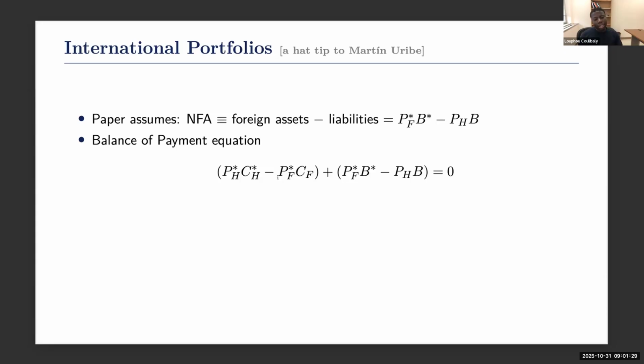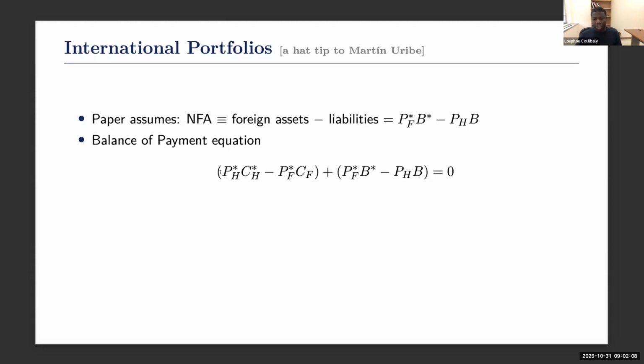But the idea is that if you look at the way the asset market is structured in the paper, the NFA is given by this expression, which is the difference between net foreign assets, which is B star, and the domestic liabilities, which is B, and the foreign assets are priced in the foreign good for the foreign currency.